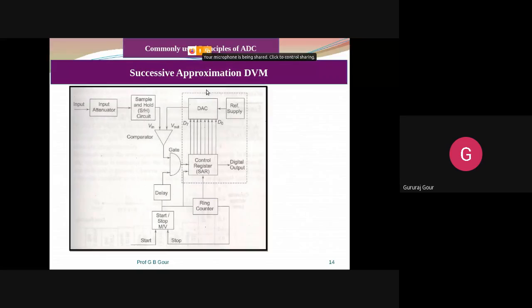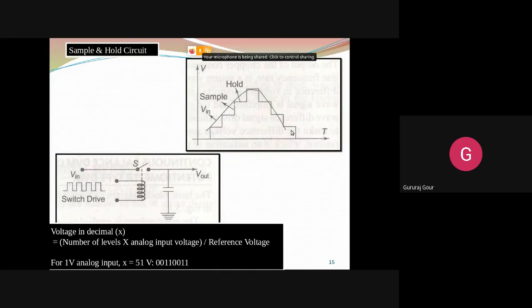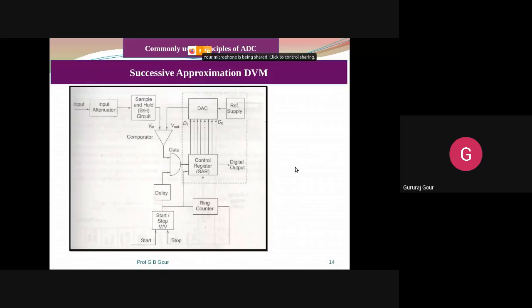So like that with successive approximation, every step will go on approximating each sample, so that we arrive at the nearest value with the help of this loop. This loop is continuing like that, recursively, depending on how many steps we need, depending on how many bits ADC you are using.